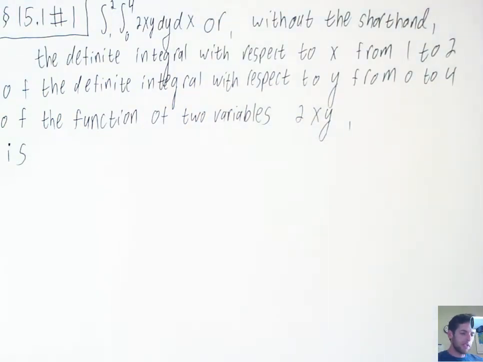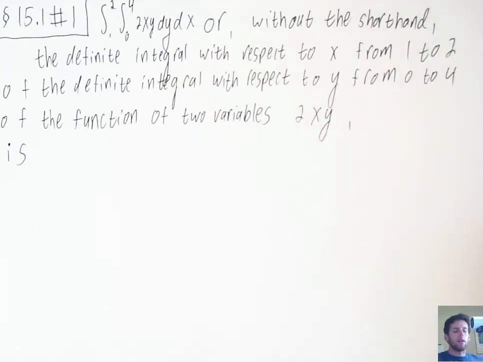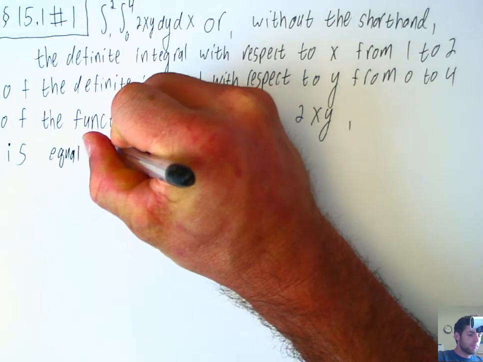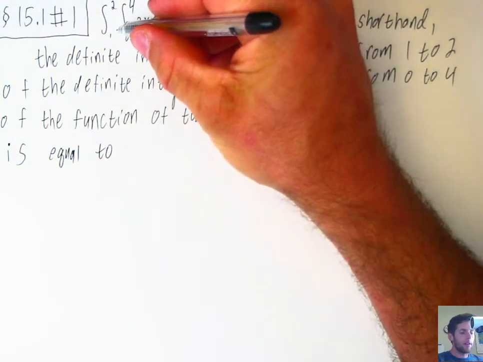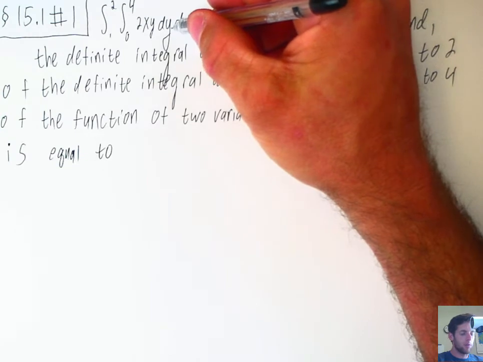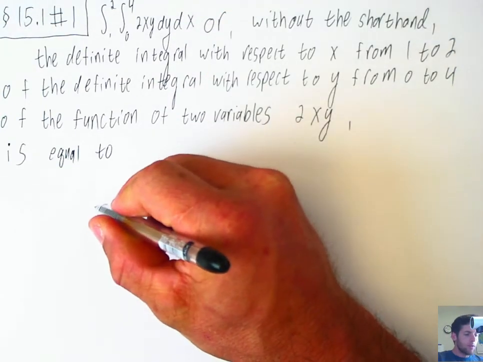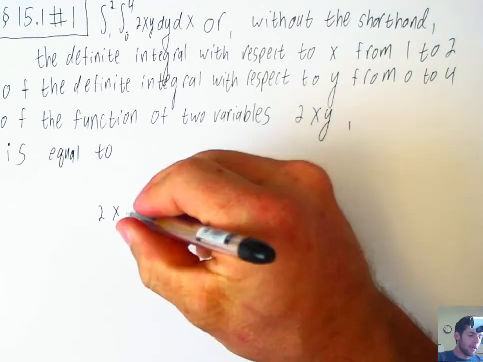All right, what do I want to say about it? Well, I'd like to calculate the numerical value of that double integral. So I will say it is equal to. And what I will do is use the fundamental theorem of calculus to evaluate the inside integral, the integral with respect to y first. So 2xy, treating x as a constant, I'll have 2x sitting there, my constant.